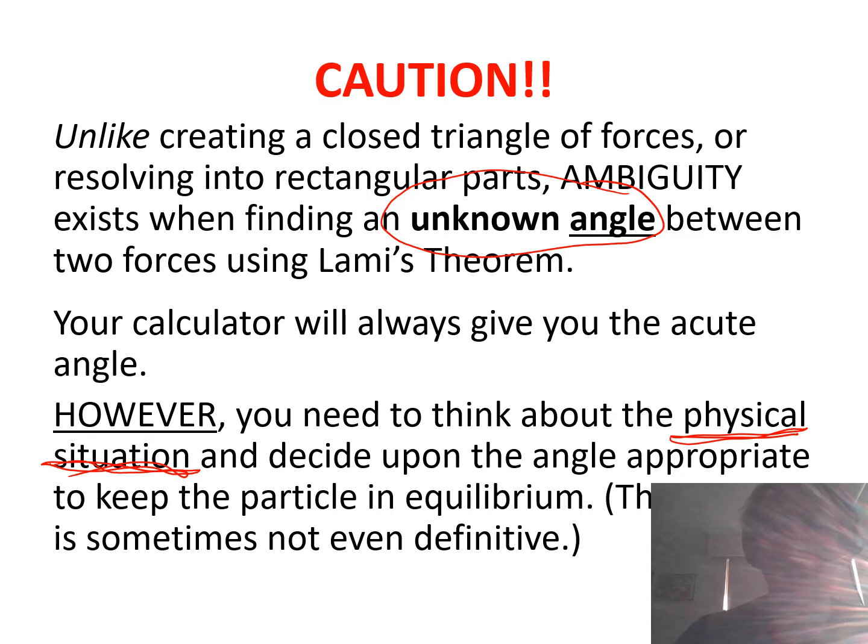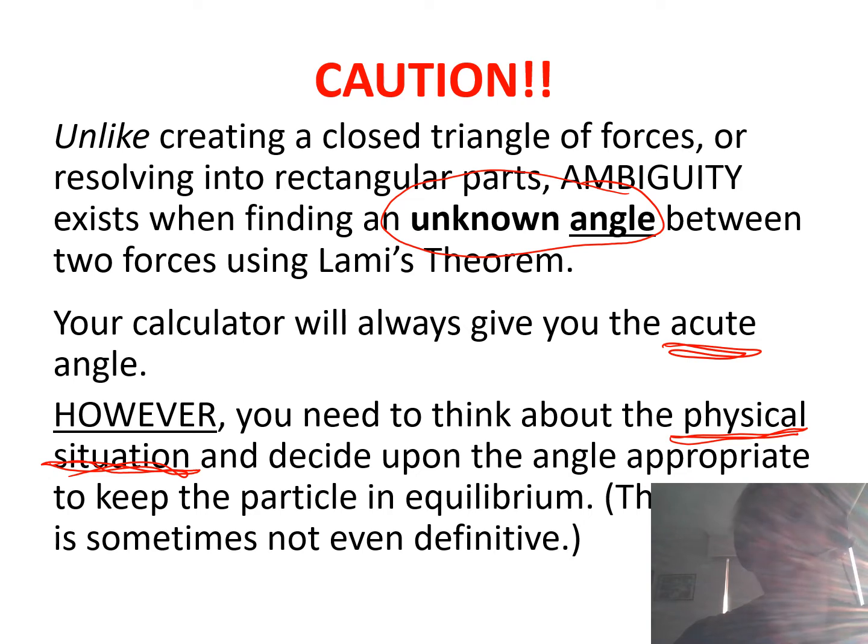Now, if the acute angle that your calculator reads out is very close to 90 degrees, say 87 degrees, so you've got choices of 87 or 93 degrees, this particular approach is really not going to work for you, and you should be thinking about an alternative way to analyze the problem.